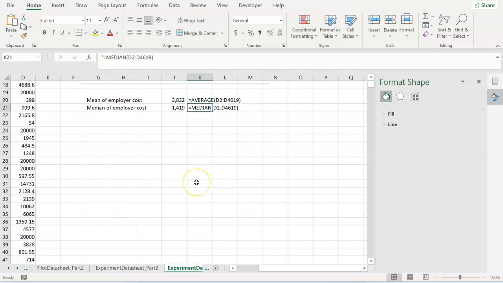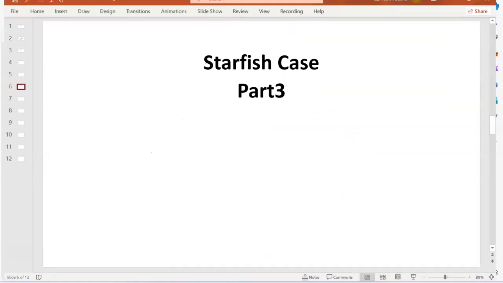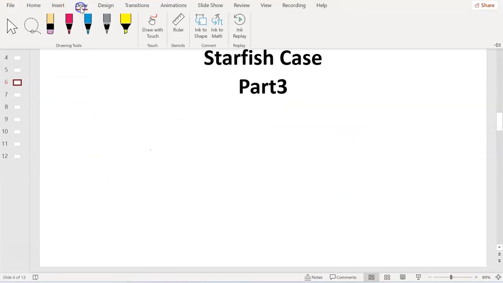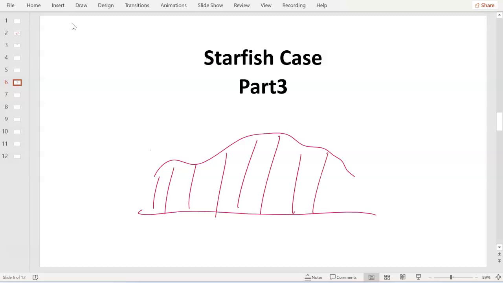All right, now next question, last question. What is the range of healthcare costs for the middle 50% of population? So middle 50%, what does that mean? We know that usually any distribution, the total area under the curve is 100%. The middle, that's Q2.